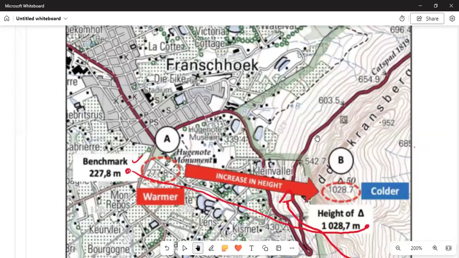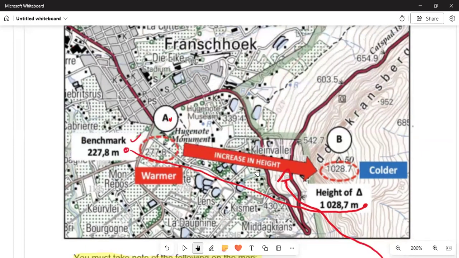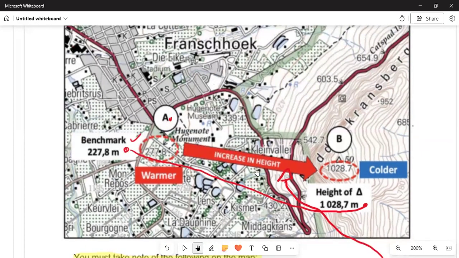This is point A here, and this is point B here. So the question is asking us in terms of the coordinates. We can see that there is a benchmark and the height there is 1,028 meters. So there's a gradient from this point to this point. So we can see that it is warmer at A and it is colder at B.